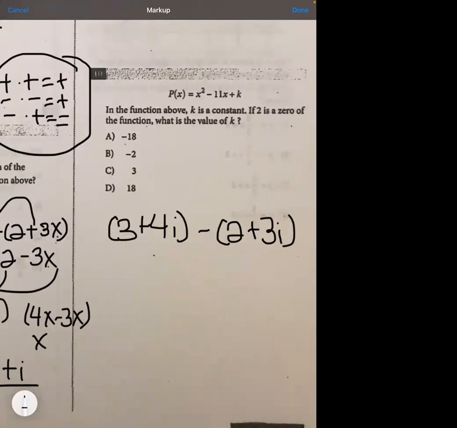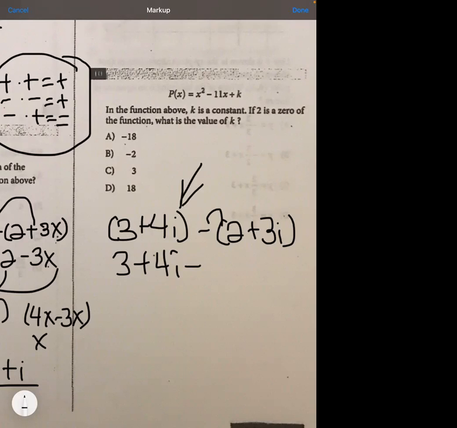So now I'm gonna solve this with i. I'll just copy the first equation down. And then as I said before, when the negative is being distributed, negative times a positive is a negative.